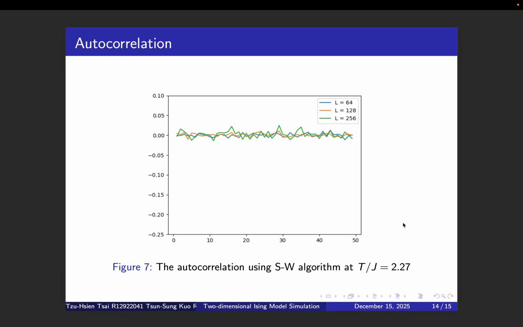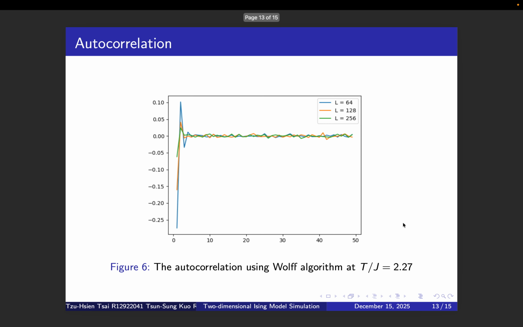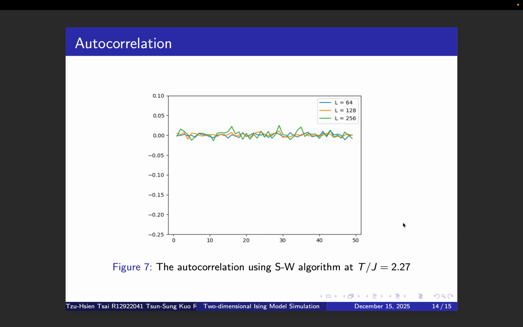It is most stable when the time step is short compared to the Wolff algorithm, which is over here. But as the time step increases, the Swendsen-Wang algorithm fluctuates more than the Wolff algorithm.